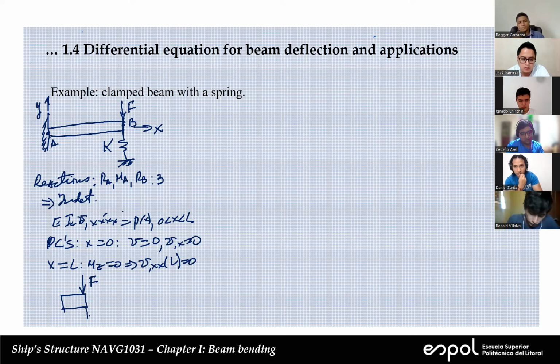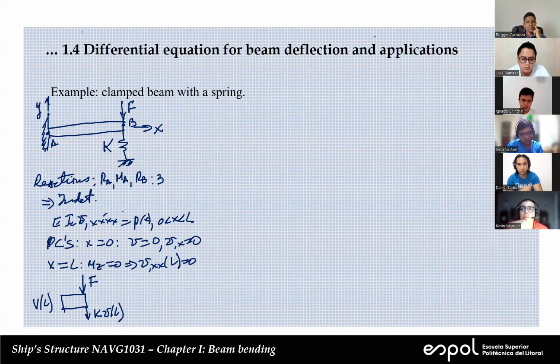So we have this force with value of K times v(L). In this case, the two add to each other. Now, if we make a cut here, very close to the end, on this cut, does the positive shear force point upward or downwards?